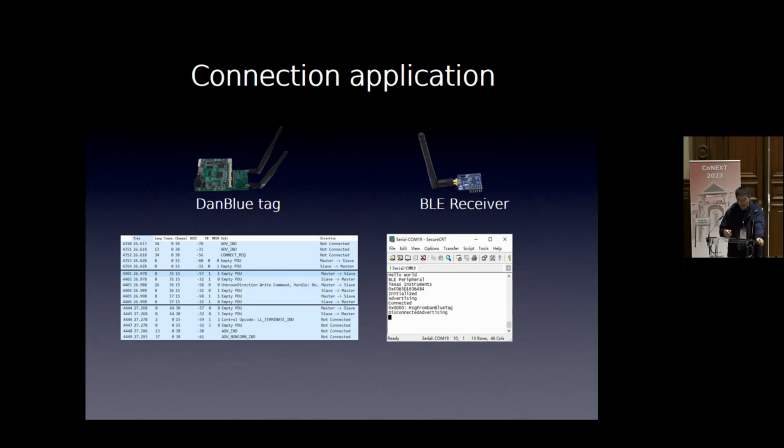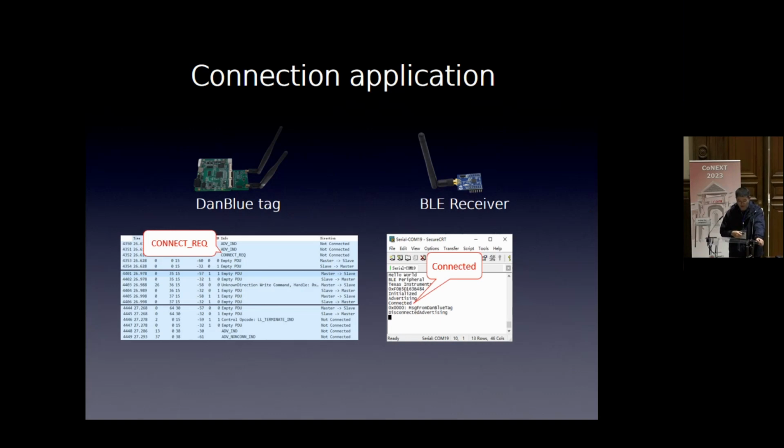We show that our DynBlue tag can build a connection with a standard BLE receiver and transmit data. The excitations and edge are not shown in this slide. First, the DynBlue tag sends a connection request packet to the BLE receiver. The terminal on the right shows the status of the receiver. When the receiver receives the packet from the tag, it prints connected.